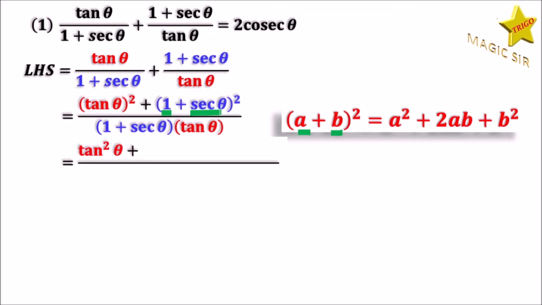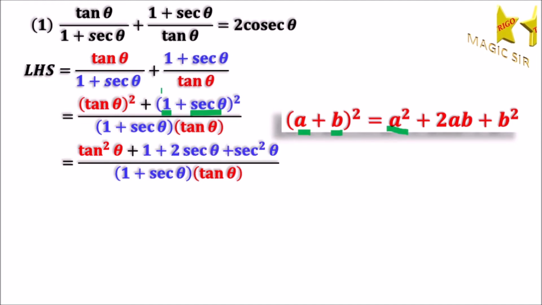Then LHS is equal to tan square theta plus a square equal to 1 square equal to 1, plus twice ab, that is 2 into 1 into sec theta equal to twice sec theta, plus b square equal to sec square theta.